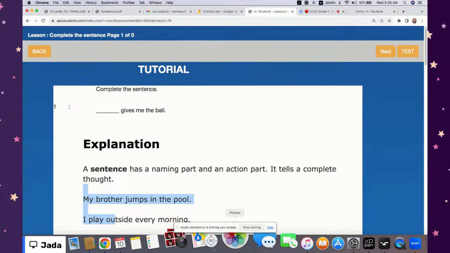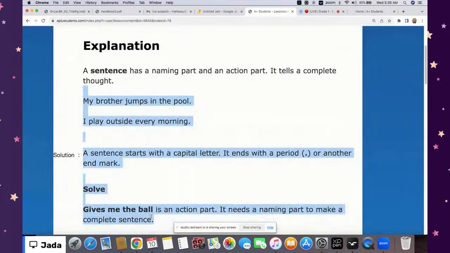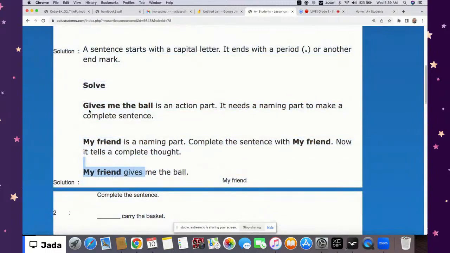Okay, so let's look at some examples. Now it says gives me the ball. Gives me the ball is actually the action part. So you will have to check your options and choose the right one. So it could be my friend gives me the ball. It could be Emmanuel gives me the ball.